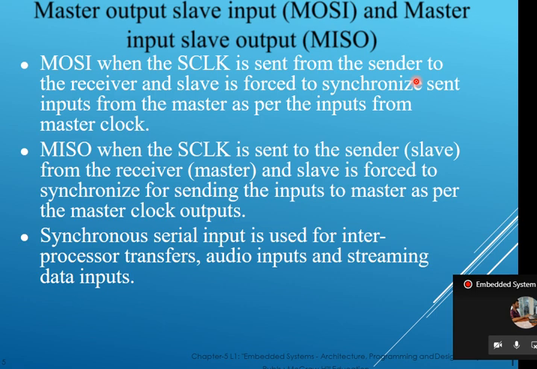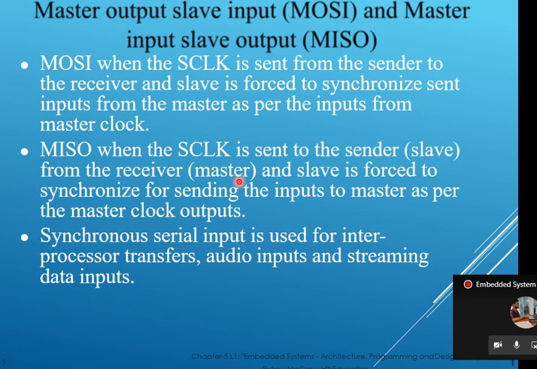In order to force the slave to synchronize for the input. And if you see the second condition, it is quite the opposite. The sender will be the slave and the receiver will be the master. The master is taking the input from the slave, but the slave is forced for synchronization. Synchronization means adding the clock pulse along with the data pulse.